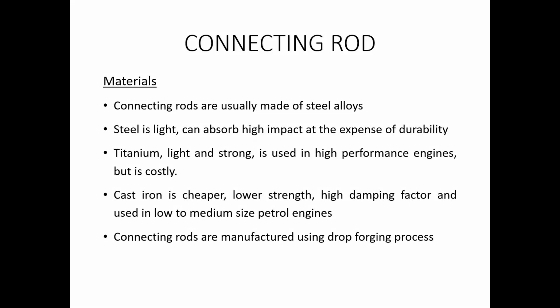Drop forging ensures that the entire connecting rod has a constant strength, because increased strength at any particular region will produce stress concentration, which in turn will cause failure of the connecting rod. So in order to prevent that, it is ensured that the connecting rod has equal stress distribution throughout its length.